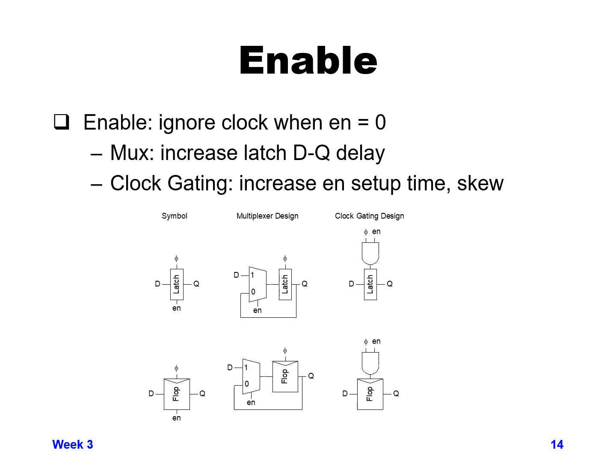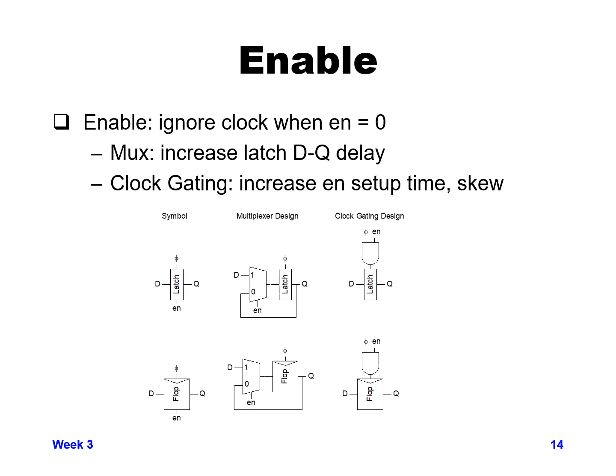There's a couple different ways that you can do this. You can do this with a mux design, where you add a 2-to-1 mux, for example, at the input to either the flop or the latch. If you look below, we have a symbol on the left-hand side for either a latch or a flop in the first column. Second column, we have a multiplexer design. So we add a 2-to-1 mux, and we have an enable, which says if enable is 1, we choose a new value of D coming in that goes into the latch.